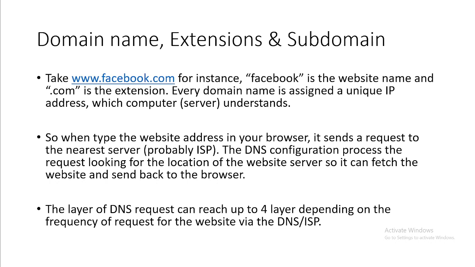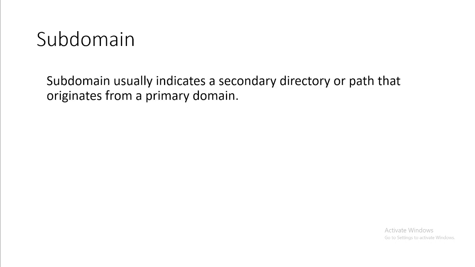The DNS configuration processes the request looking for the location of the website server so it can fetch the website and send it back to the browser. The layers of DNS request can reach up to 4 layers depending on the frequency of requests for the website via the DNS or ISP.